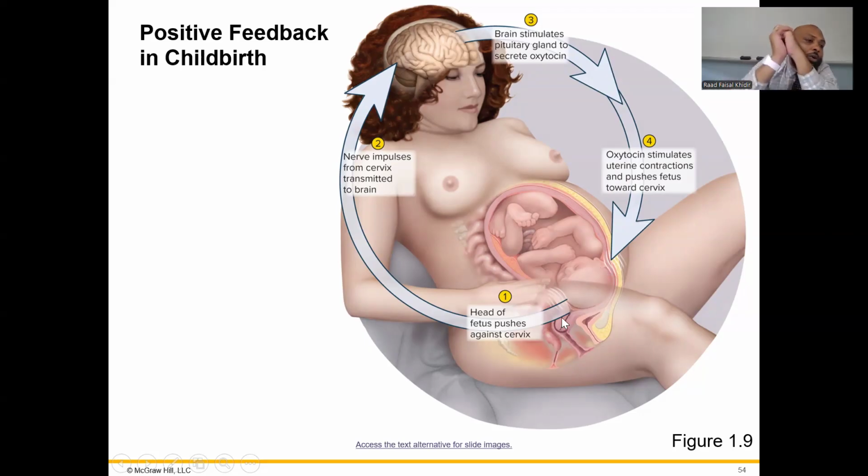So the sensors are always either mechanoreceptors, stretch receptors, thermal receptors, chemoreceptors, or nociceptors. So nerve impulses from the cervix are transmitted to the brain, and the brain stimulates the pituitary gland to secrete oxytocin, and then oxytocin stimulates the uterine contractions and pushes the fetus toward the cervix.